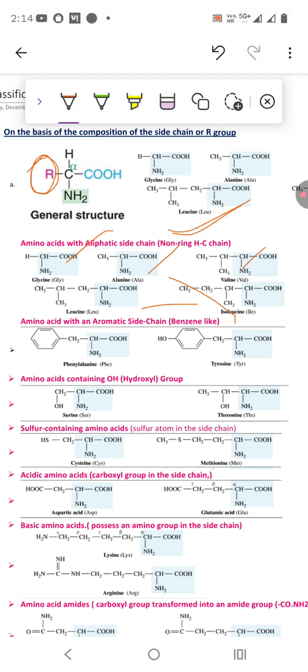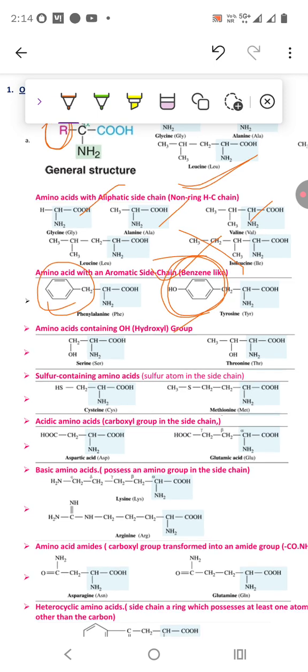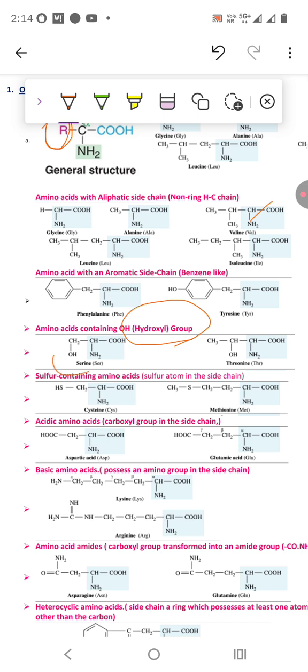Next, amino acid with an aromatic side chain. Aromatic refers to possessing a benzene-like ring. That's why we call it aromatic side chain. Next, amino acid containing a hydroxyl group. Now here it contains a hydroxyl group, here it also contains a hydroxyl group.